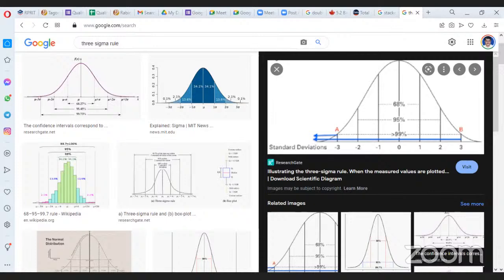So when you say that your score is applicable only for the 68%, that means you have more errors for population inference.